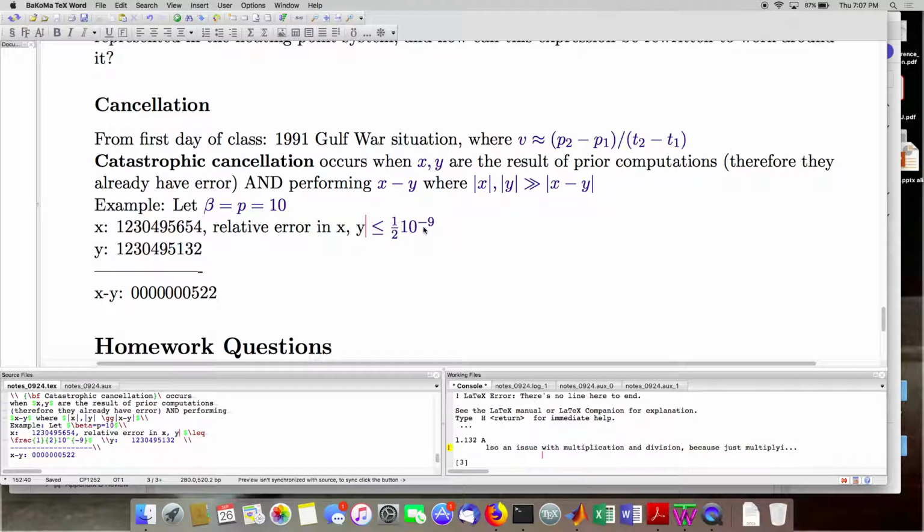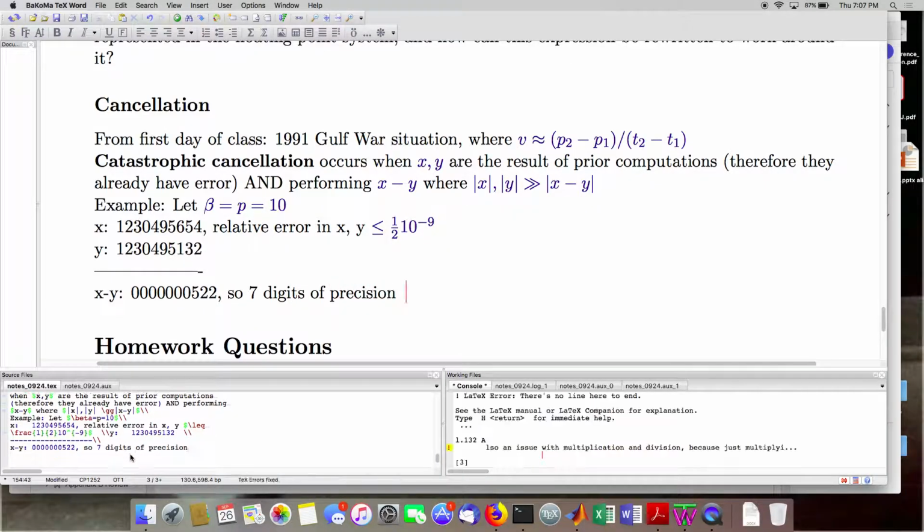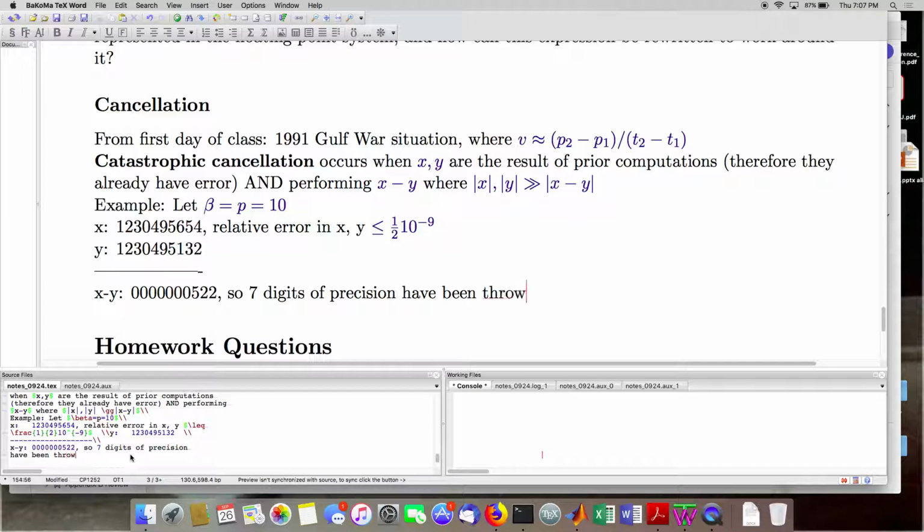So we have 10 digits of precision, but here we only have 3 significant digits. That's all we have. In other words, 7 digits have been thrown away due to the digits that canceled.